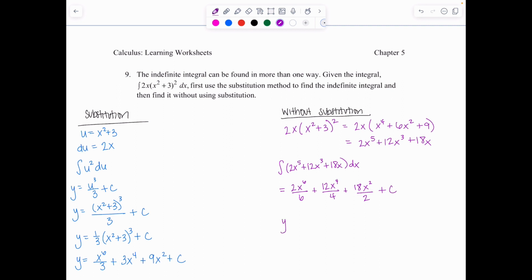And so we can clean that up and it'll be x to the sixth over 3 plus 3x to the fourth plus 9x squared plus c. And thankfully they are both the same. So this is just an example showing you can do it with or without substitution in some cases.